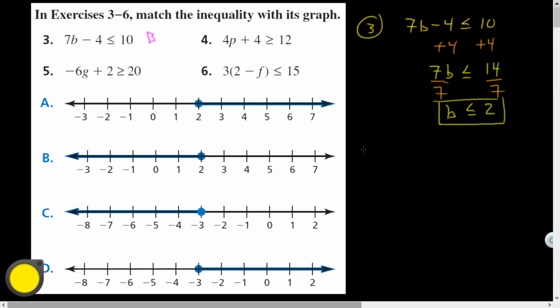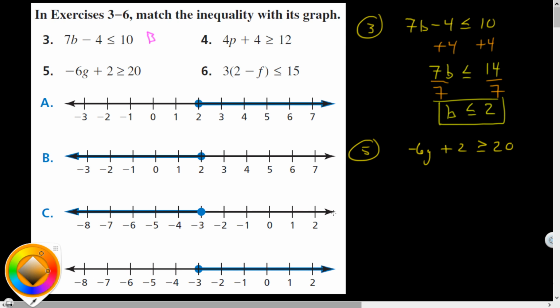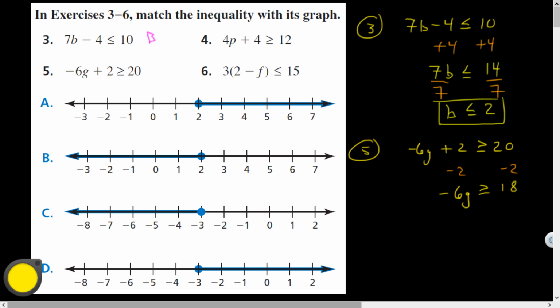Let's do question 5. Negative 6g plus 2 is greater than or equal to 20. I will subtract 2 from both sides. Negative 6g is greater than or equal to 18. Now divide by negative 6 on both sides, and g is, oh, flip it.